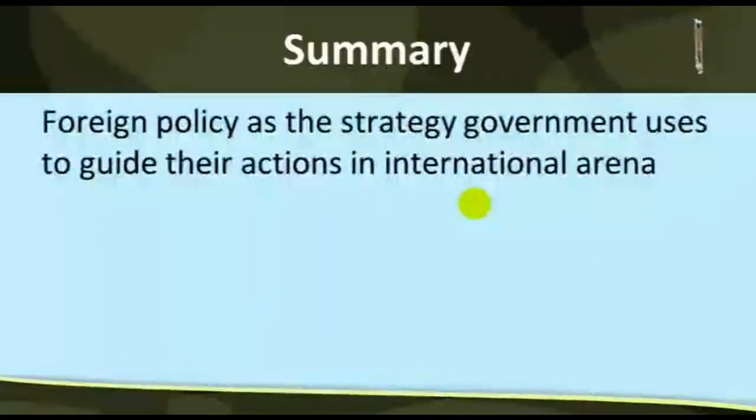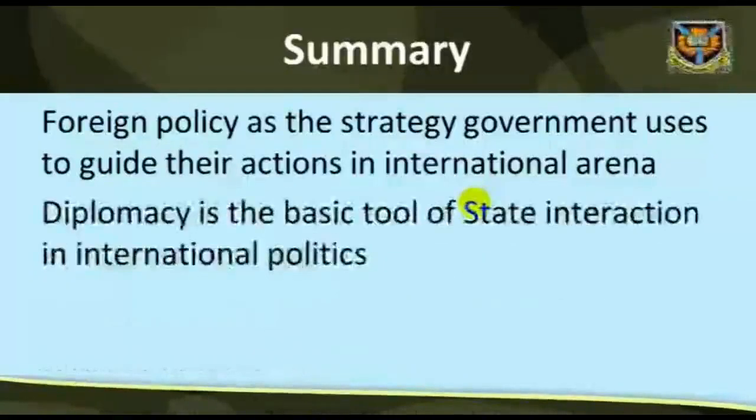Study session summary. In this study session, we learned that foreign policy is a strategy that governments use to guide their actions in the international arena. Foreign policy is a guide to actions taken beyond the boundaries of the state to further the goals of the state.